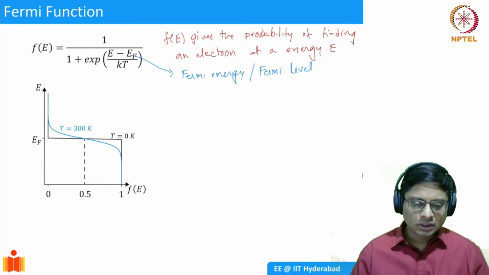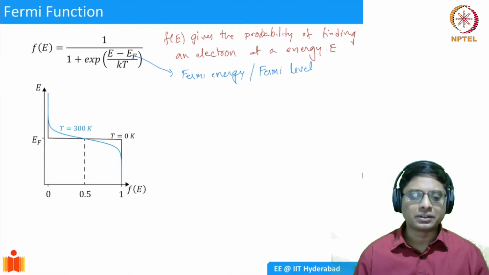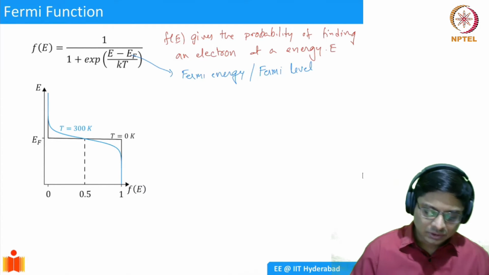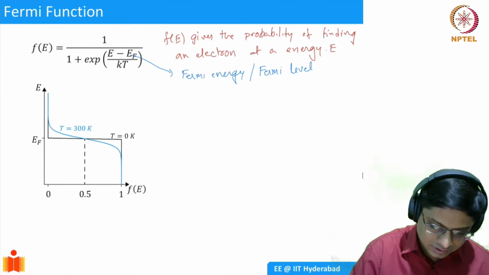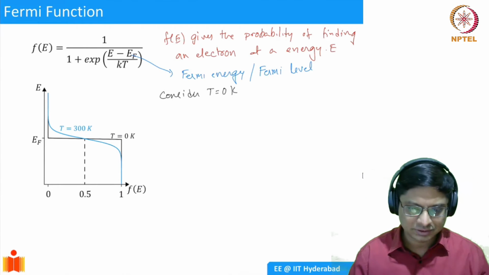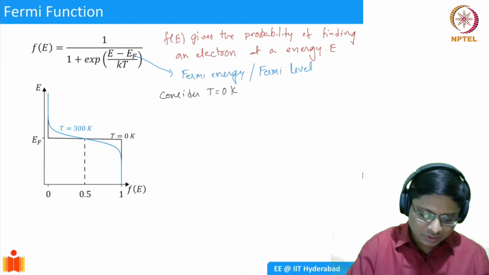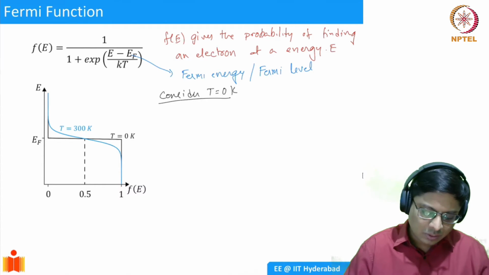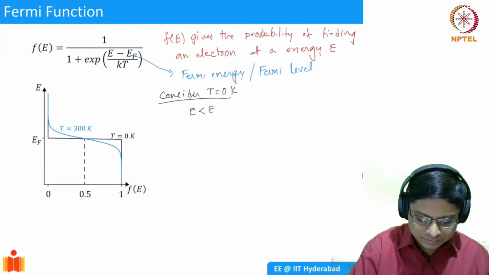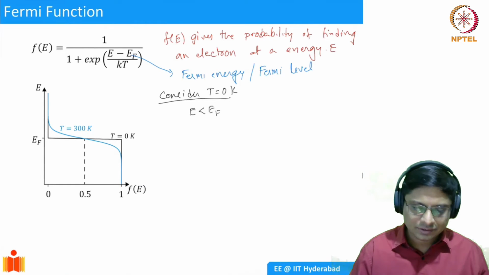So how does this function behave? Let's try to analyze the situation. It's easier to do it at T equal to 0 Kelvin. So when temperature is 0, what happens if energy is less than EF? E is less than EF.